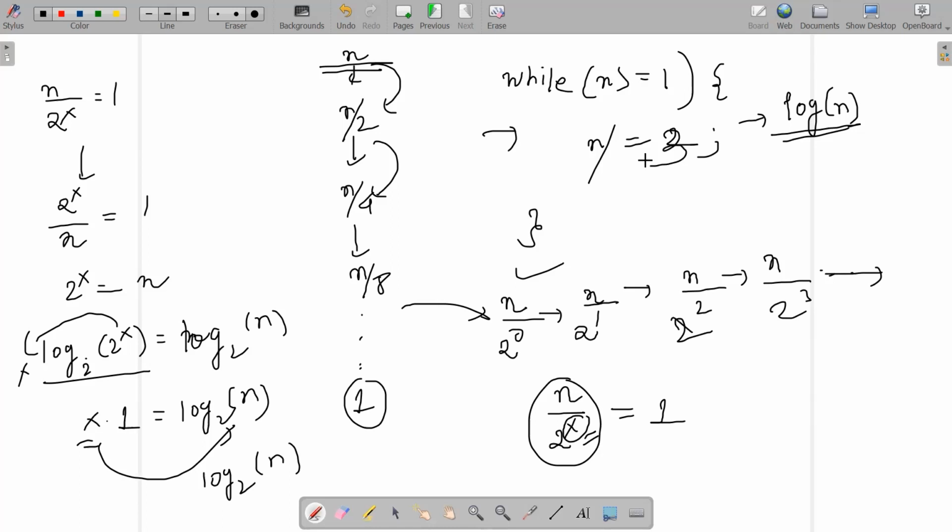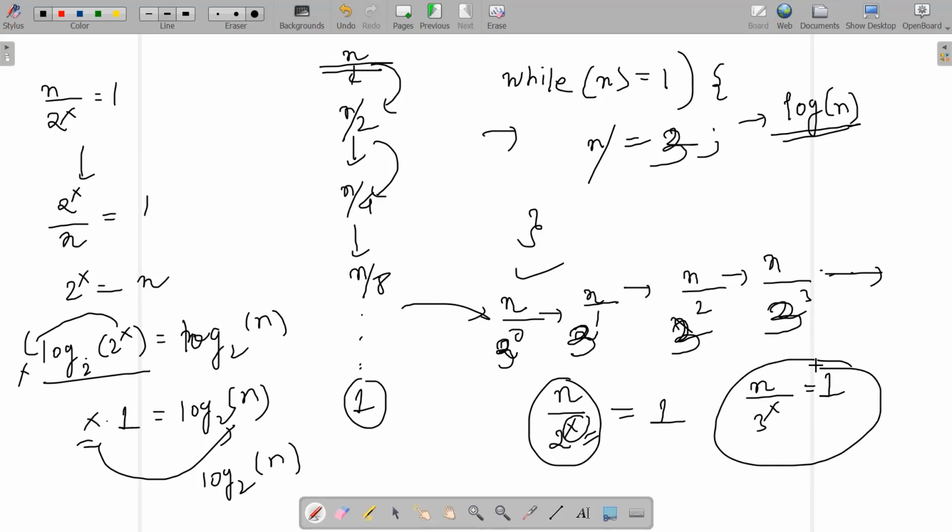Then it will be the same, I think. Now the powers will be changed, right? First you divided by 3 to the power 0, then 3 to the power 1, then 3 squared, then 3 cubed. This is going to happen. But the loop runs x times, right? Then n divided by 3 to the power x will be equal to 1 at the end. Then what will happen?